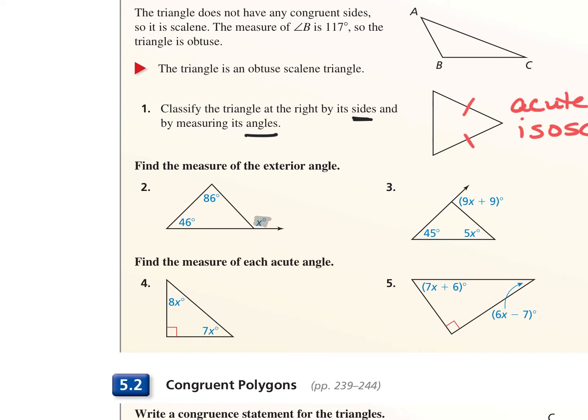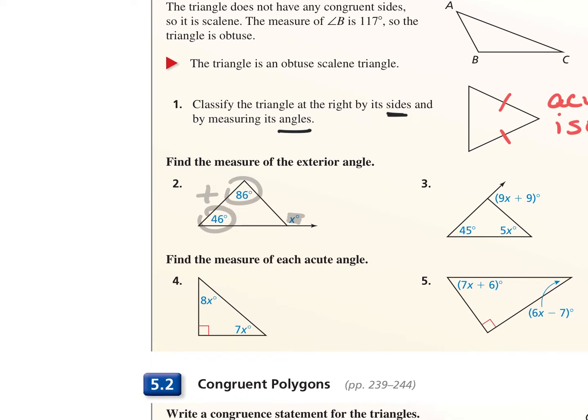So that's going to be the sum of these 2. So I'm going to add 46 and 86, and that's going to give me the value of x. So once I add these 2 angles together, I get 132. So x equals 132 degrees.